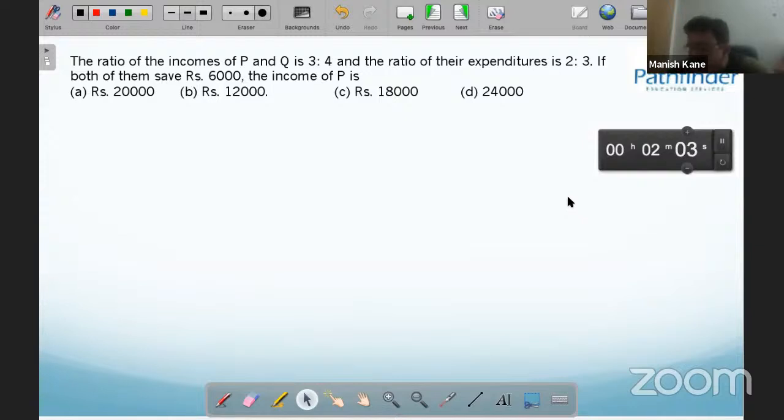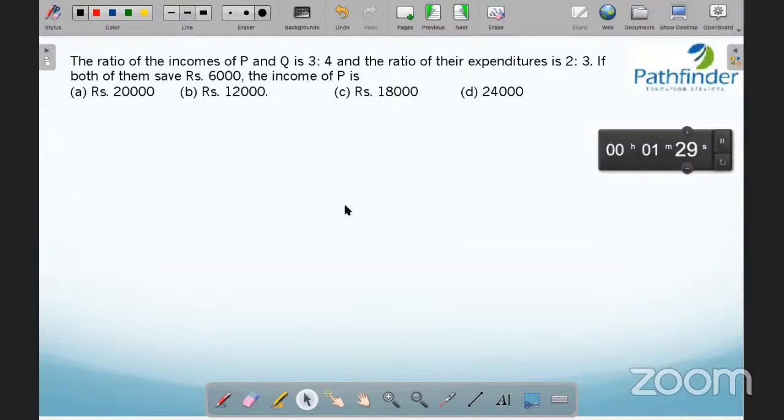The timer is ticking, and at the end of 2 minutes, I will be solving this particular question for you, if you're unable to solve, that is. If you get to the answer before the time, you can just type the answer in the chat box and let me know.